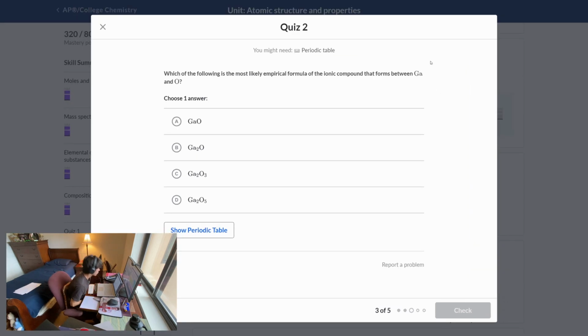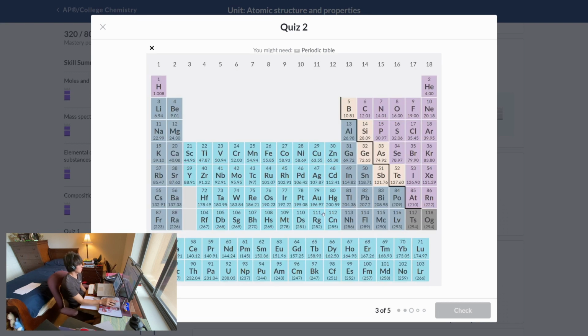Yeah, so we want the ionic compound between gallium and oxygen. Oxygen on the periodic table is here, so it wants to gain 2 electrons to get a full outer shell. So it goes 1 electron, 2 electron, and then these are all full shells.